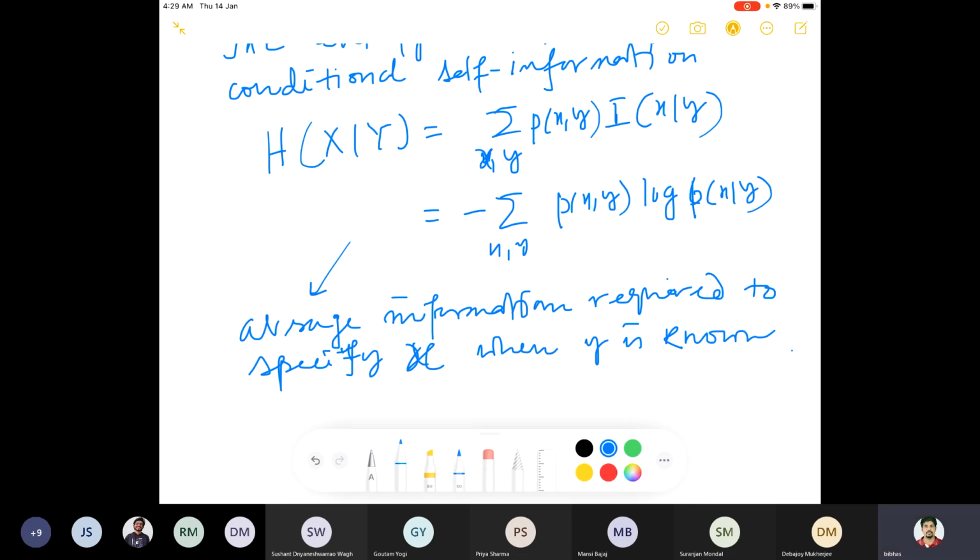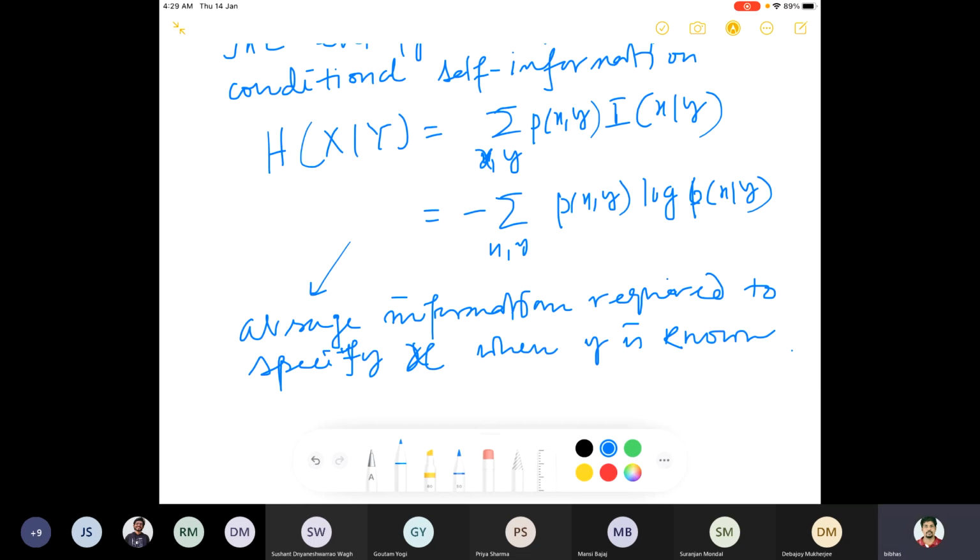So given any small x, if you want to specify, given the fact that Y has occurred or Y is received, what can you say about X? So this is the average information, or the amount of information.